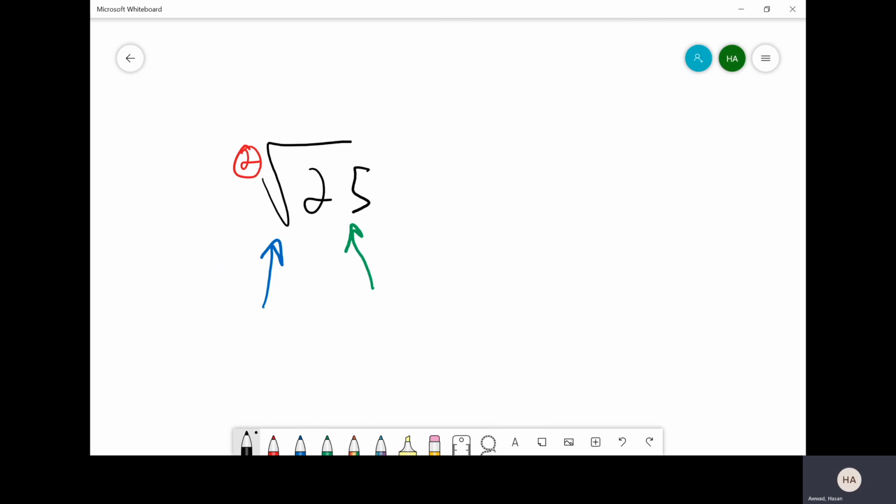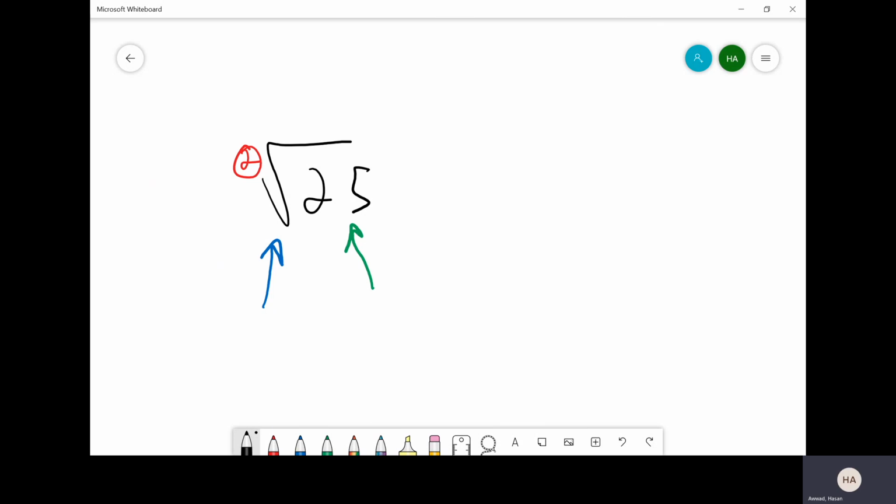So what is a square root? What is this operation actually doing? Well, it's basically telling you to find one particular number that, when multiplied against itself, the number in the index, so in this case twice, gives the radicand. So I'm looking for a number that multiplies against itself twice that will give me 25.